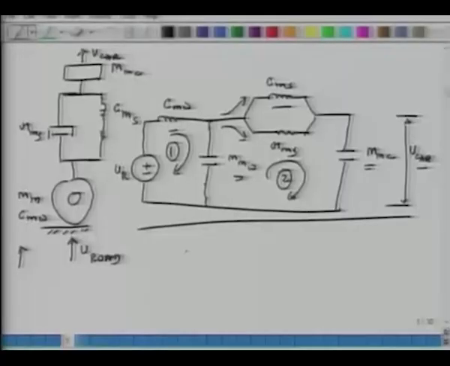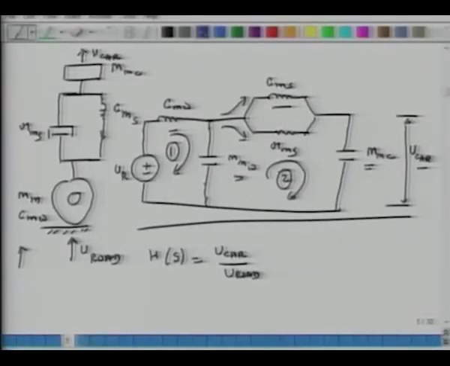So what are the breakpoints? Suppose we are trying to develop a transfer function, which is U car over UR, and then I develop a Bode plot for this. Then the Bode plot will have some breakpoints.